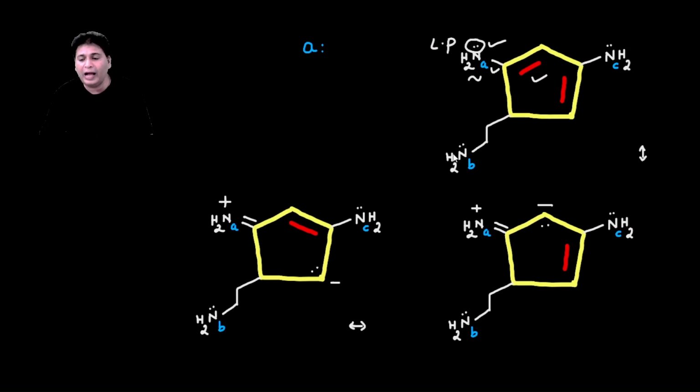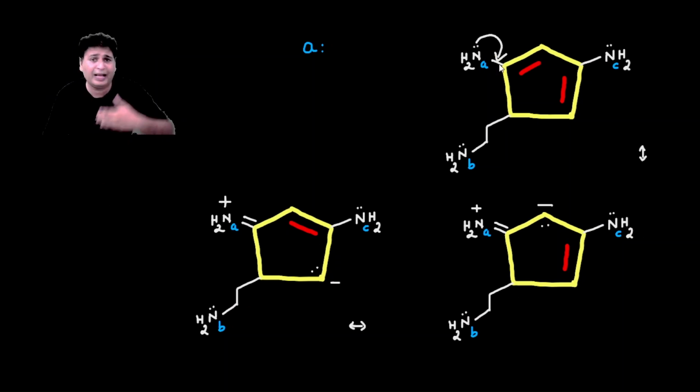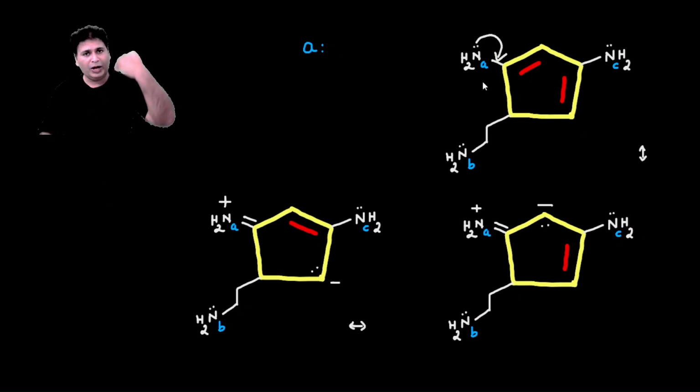And as you have now seen that there is a possibility of conjugation, you will see how it is going to get delocalized. This lone pair is going to go, as I have said several times, one position ahead. It will make a new pi bond, as you can see in the next resonating structure.